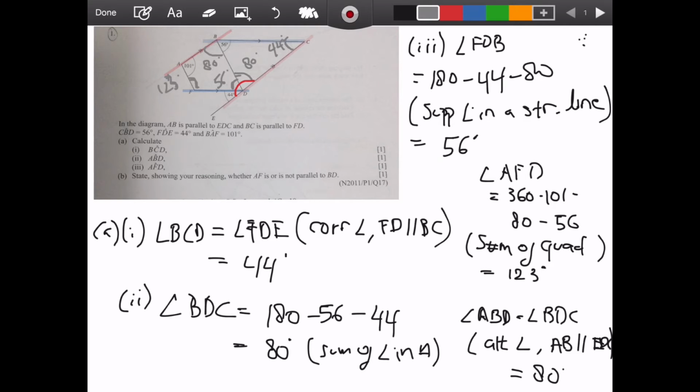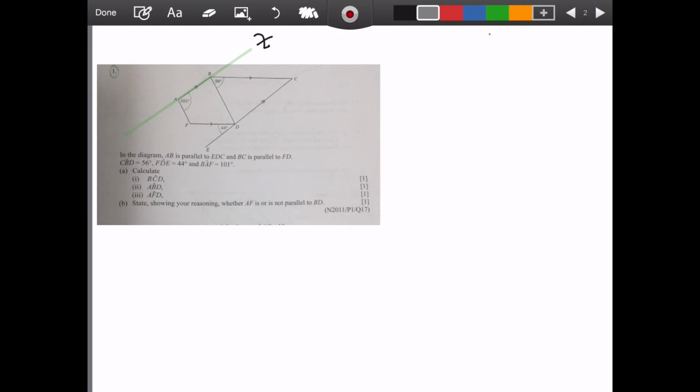All right, so let's do part B right now. Part B says state, showing your reasoning, whether AF is or is not parallel to BD.